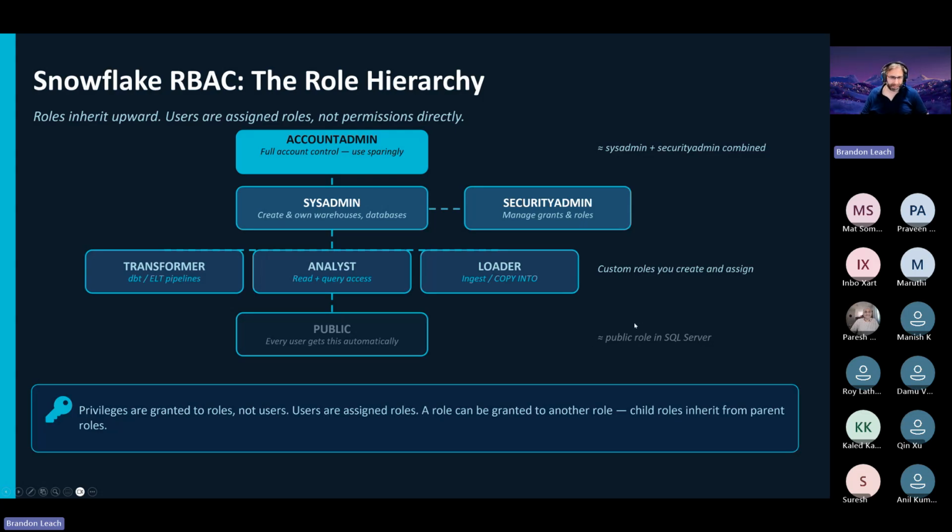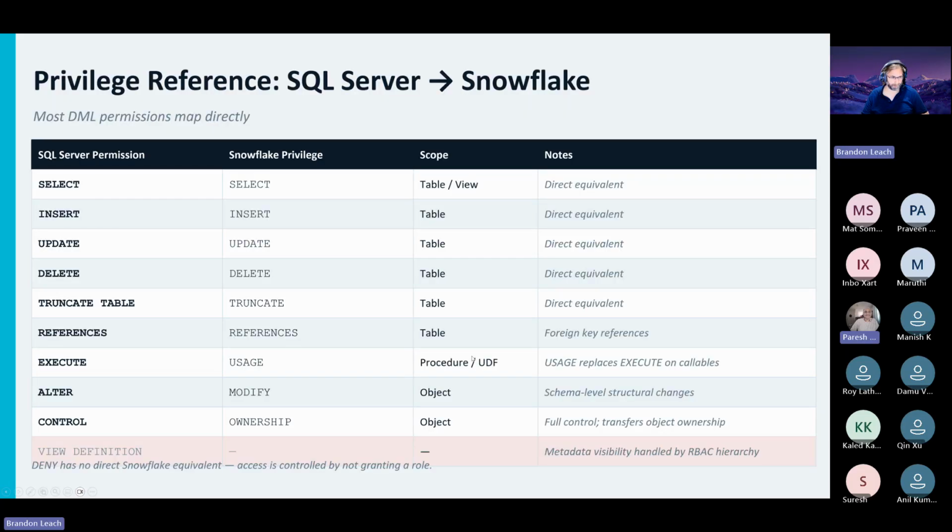And then when I come in to do something, I switch to a custom role with the access I need. I try to avoid sysadmin, and I definitely avoid account admin. This means I am following the concept of least privilege.